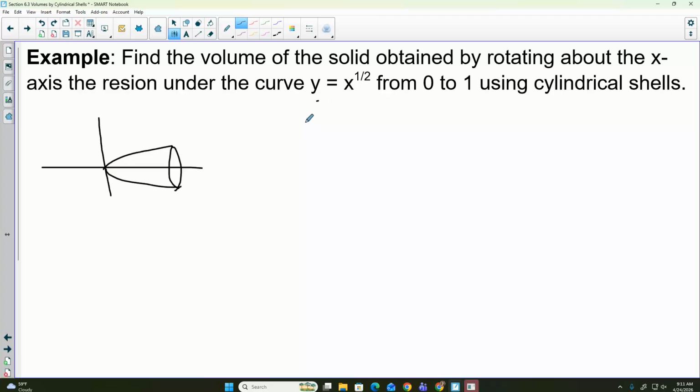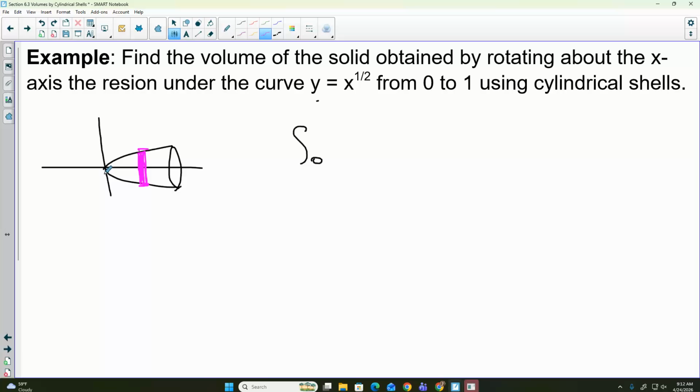We already know we're going from 0 to 1, but here's the thing, if I'm rotating this, then if I took a shell, if I took a chunk here, the circumference, when I unfolded that, it would be measured in terms of y, wouldn't it?